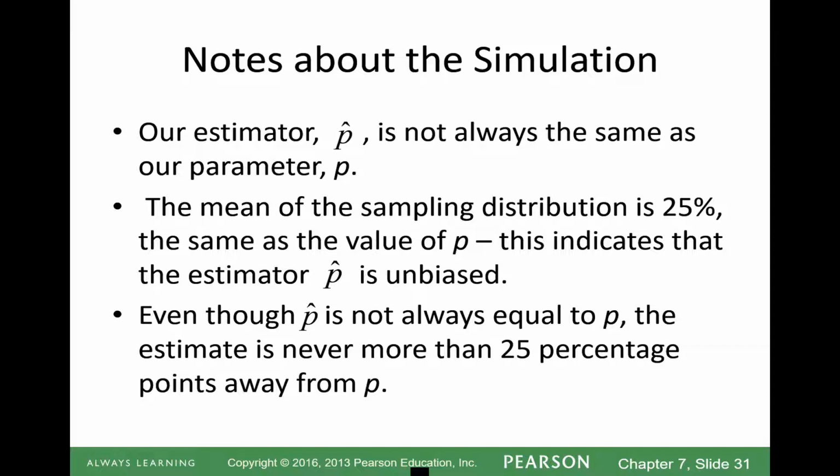You have a really good random sample here. Then it's a good representative of the population. Even though p hat is not always equal to p, the estimate is never more than 25 percentage points away from p.